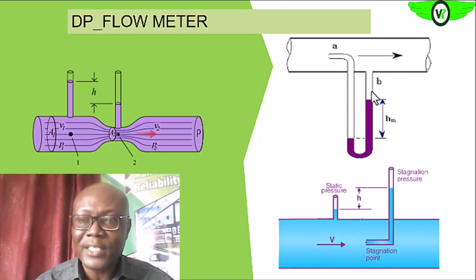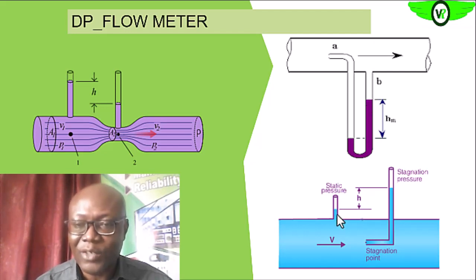So you see that here helps us to measure the static pressure, which is this end of the differential pressure meter. Then here we'll be looking at the dynamic pressure.